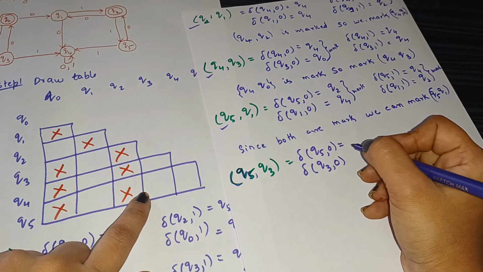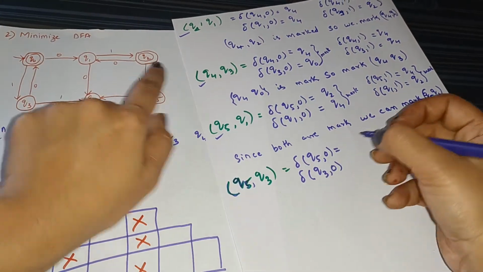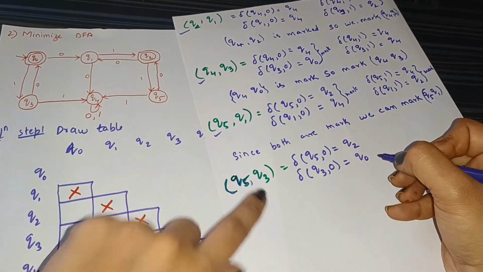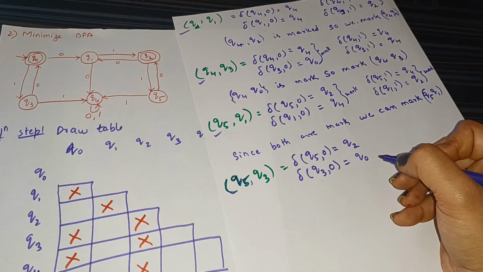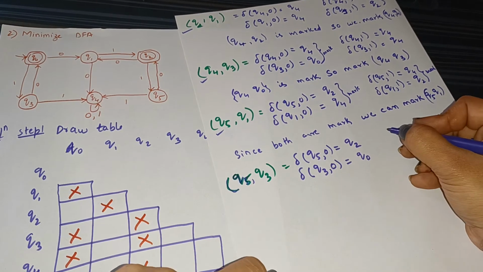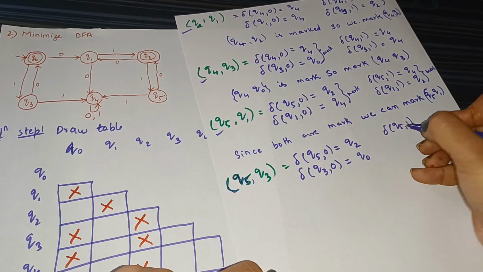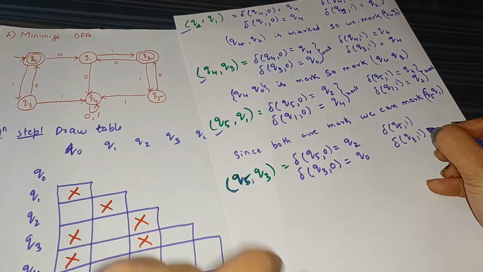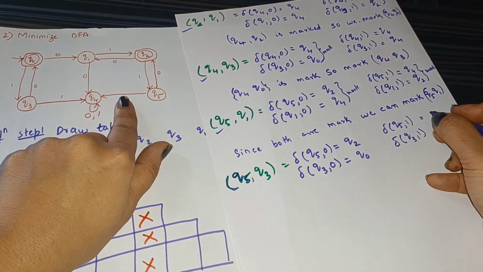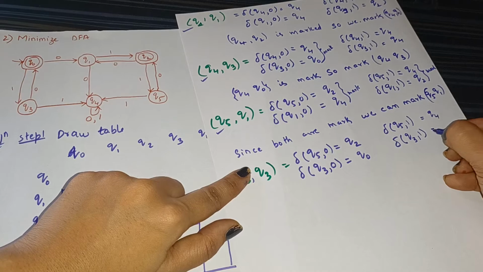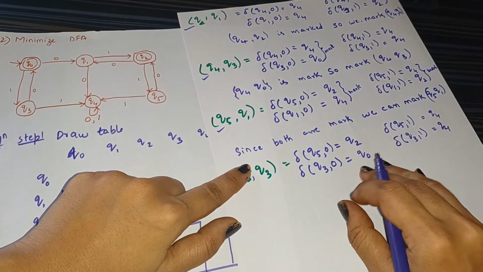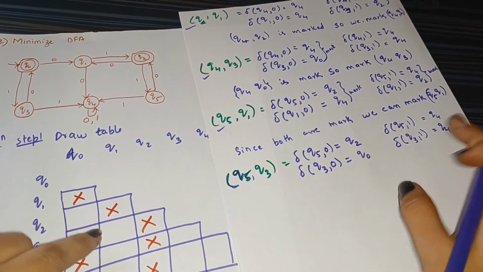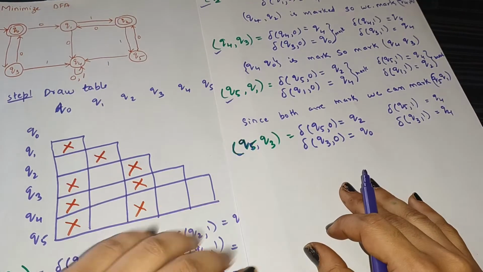Q5 on 0 it is going to Q2, Q3 on 0 it is going to Q0. Next, delta transition of Q5 on 1 and Q3 on 1. Q5 on 1 it is going to Q4, Q3 on 1 it is going to Q4. Q0, Q2 is not marked, and Q4, Q4 does not exist, so we can't mark this here.